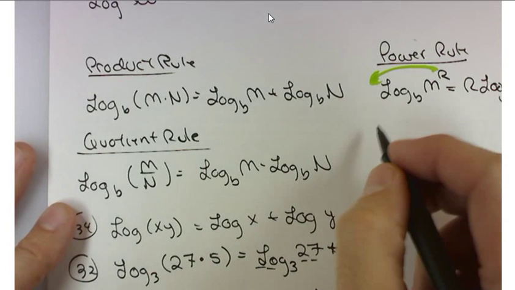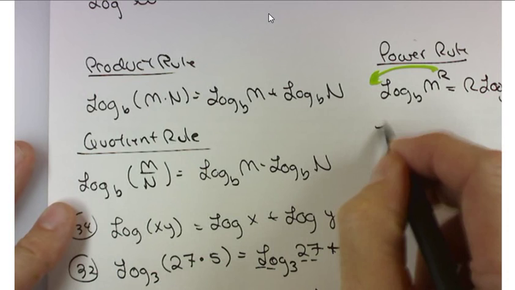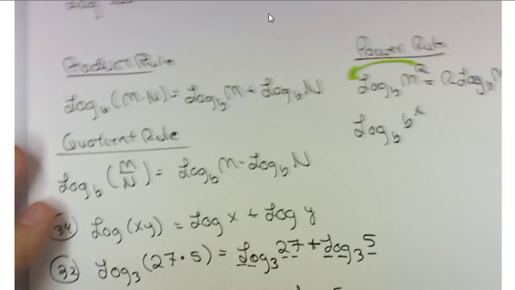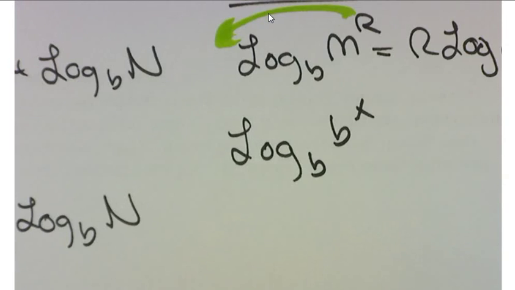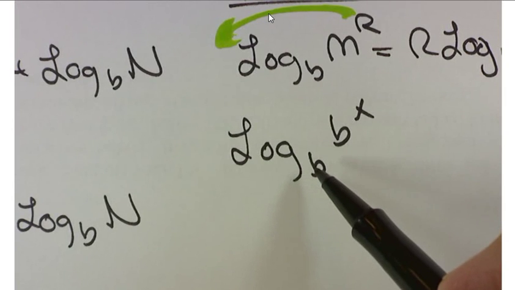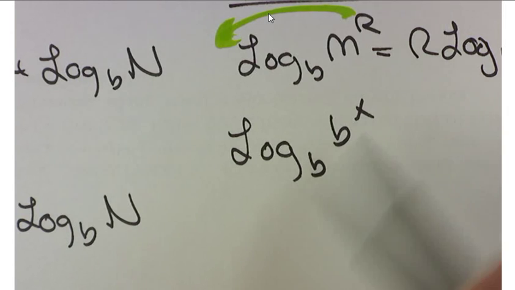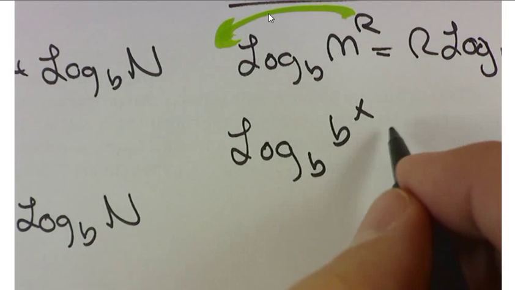And we've seen this one a couple times. Log base b of b to some power. We've practiced this one a couple times a day. If the base here and the base here are the same, these operations cancel each other out.